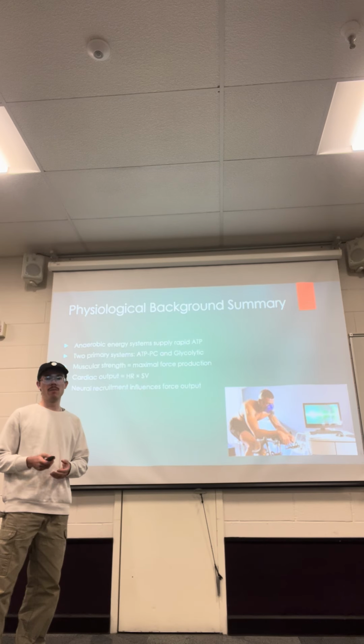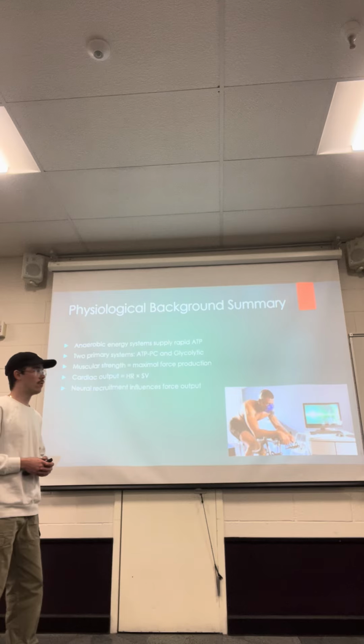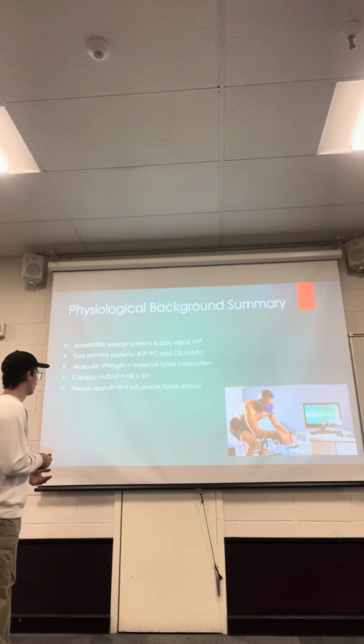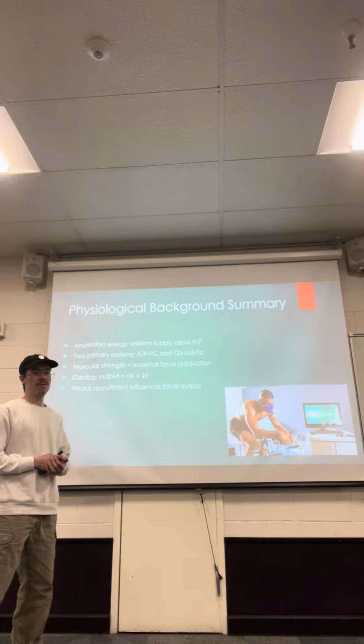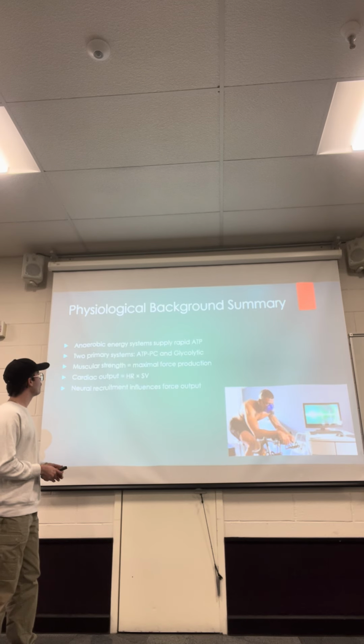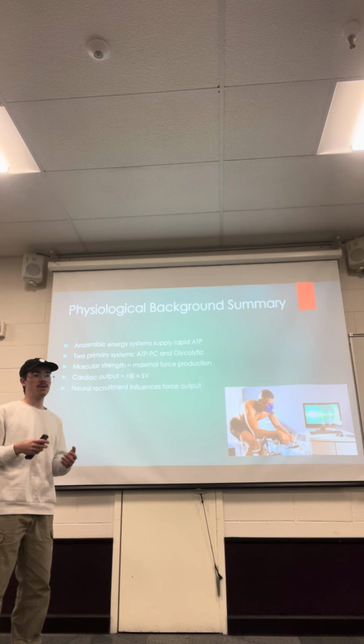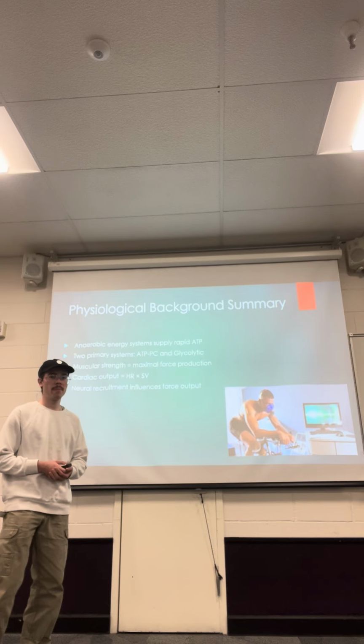We'll get into that a little bit more in a second, but we're going to talk about motor units and neural recruitment. Cardiac output is another very important factor of anaerobic training. You can measure your cardiac output by multiplying your heart rate times your stroke volume.